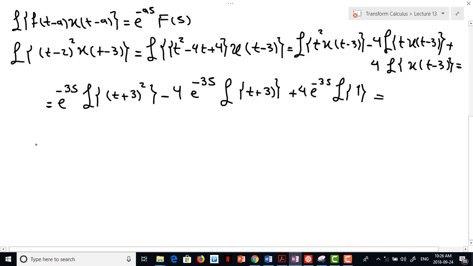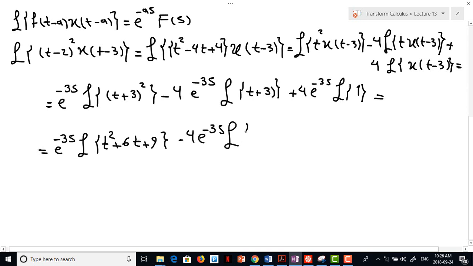So I just expand this term. It's equal to e to the power of minus 3s Laplace transform of t squared plus 6t plus 9, minus 4 e to the power of minus 3s Laplace transform of t plus 3, plus 4 e to the power of minus 3s Laplace transform of 1.